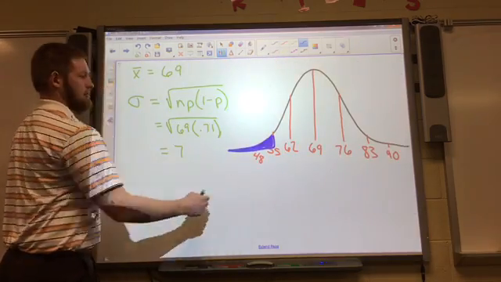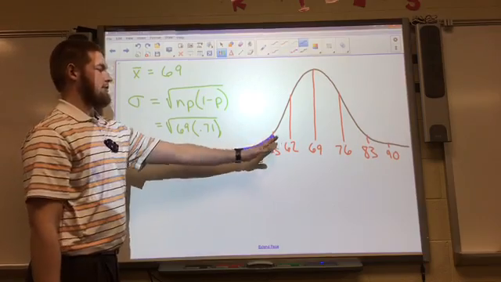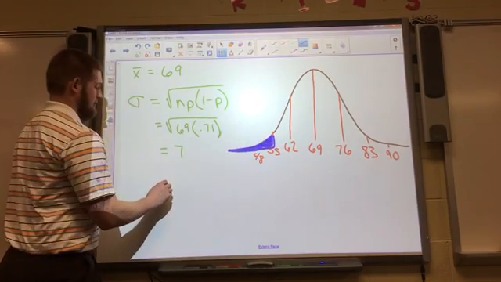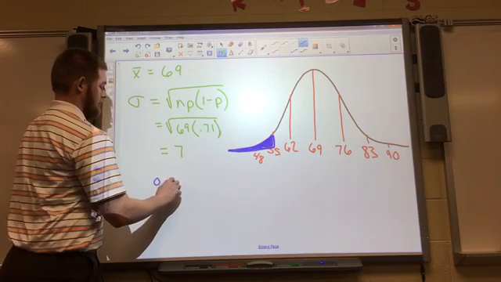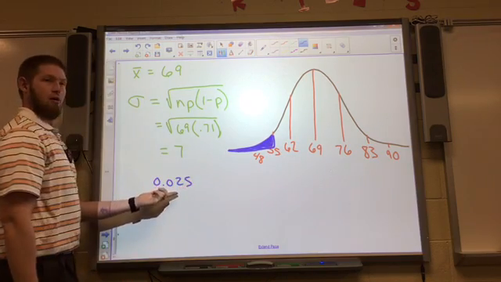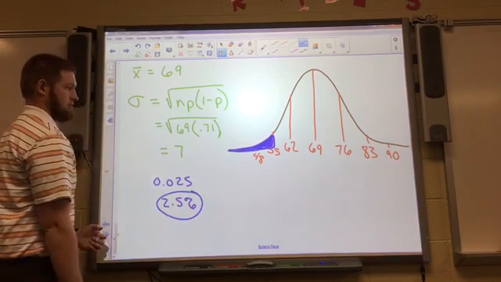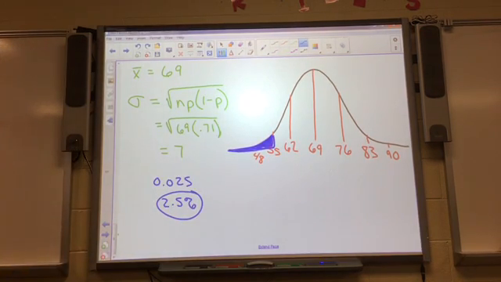So my probability that I find 55 or less, or at most 55, is 0.025, or 2.5% chance. Okay? If you can change things into a normal distribution bell curve, they turn out to be pretty easy. It's a lot easier than finding the probability and adding them all together.